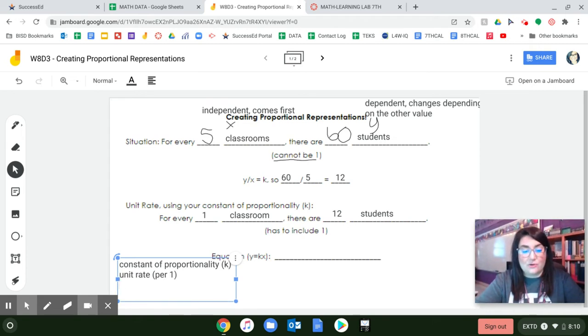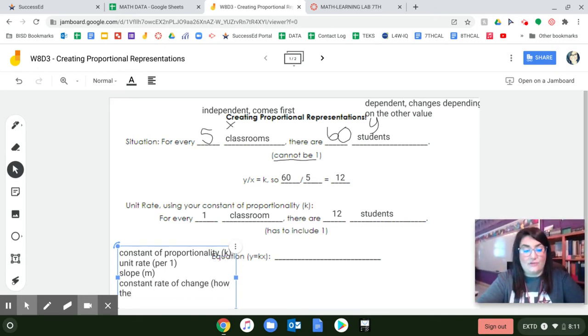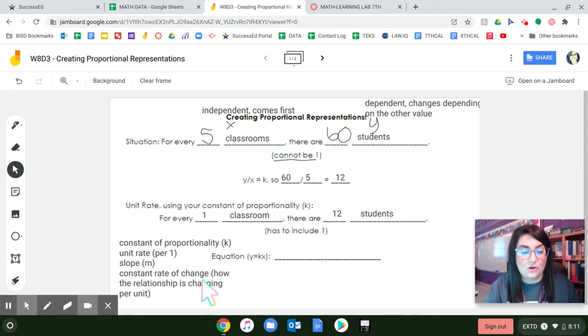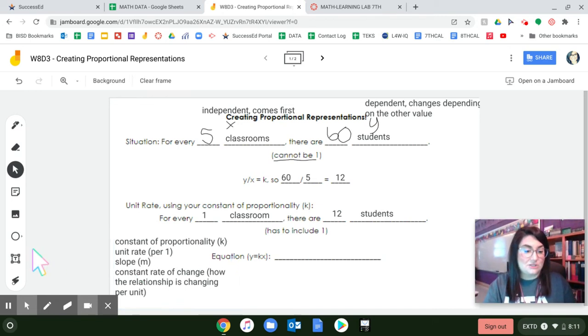You might also hear it be called the slope, which is represented with the variable m in an equation. And it's also called the constant rate of change. How the relationship is changing per unit. Okay, so those are all the vocabulary words you might hear when talking about this change that you see in these equations.